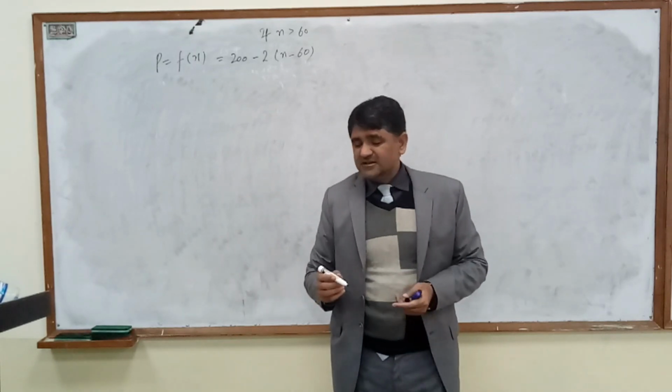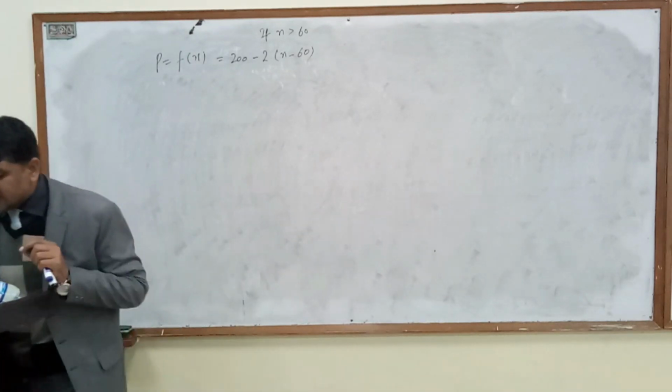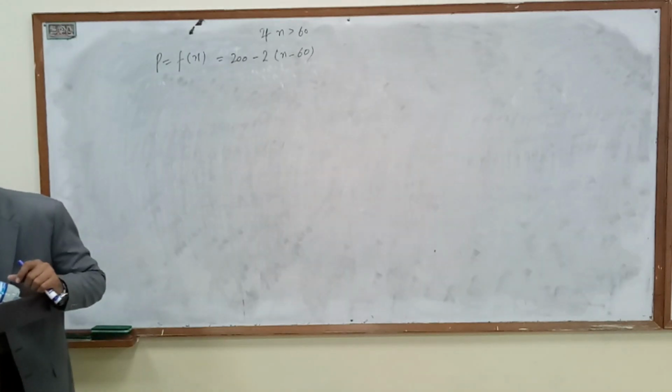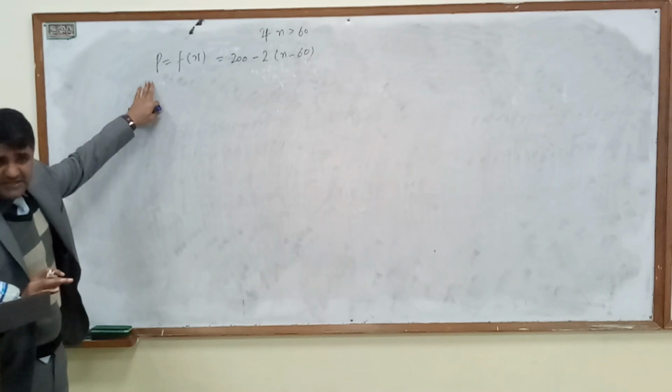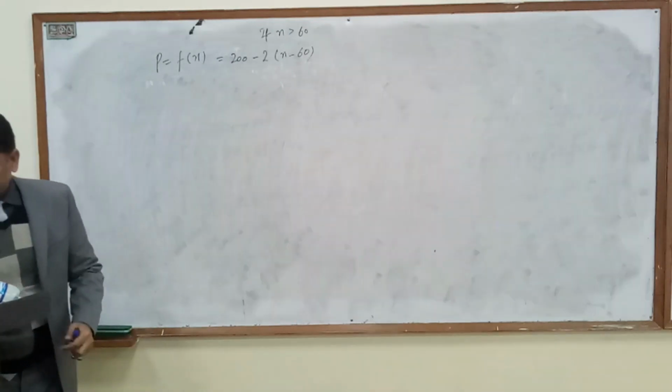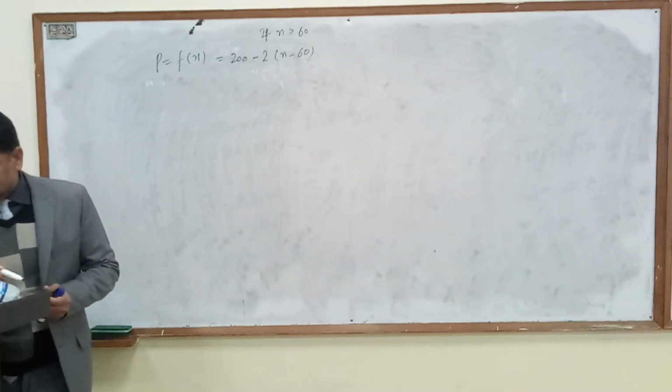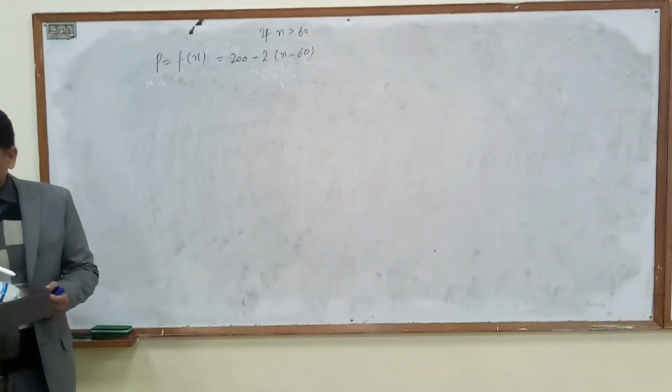I think there is nothing difficult in this question, and we just have to determine the function. Clear? So question number 52 to question number 59 are more or less the same.